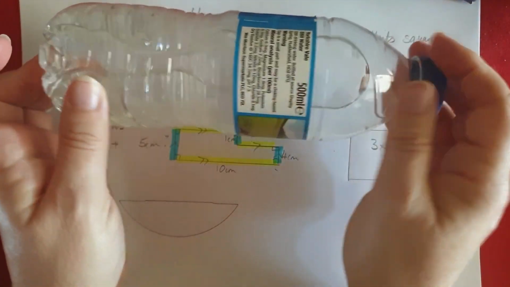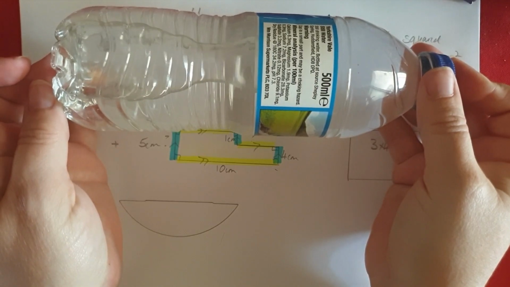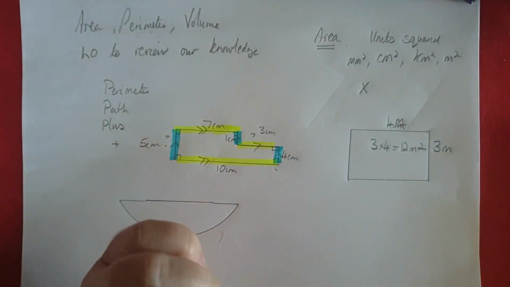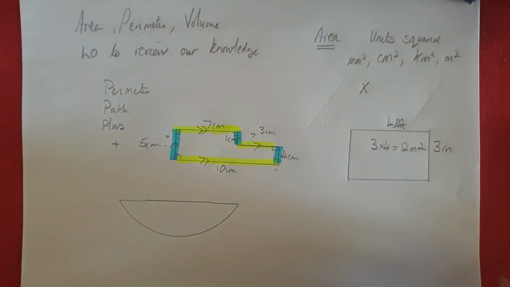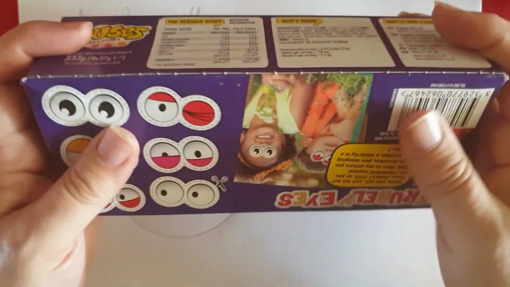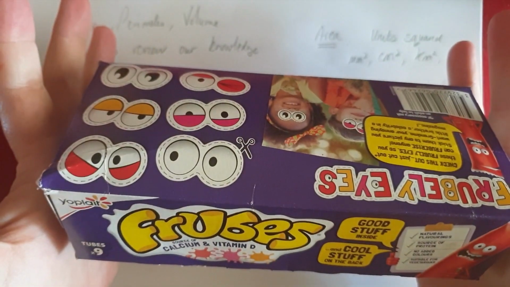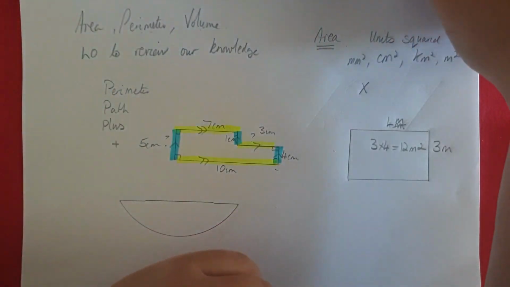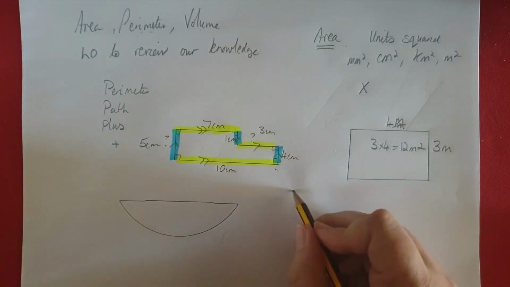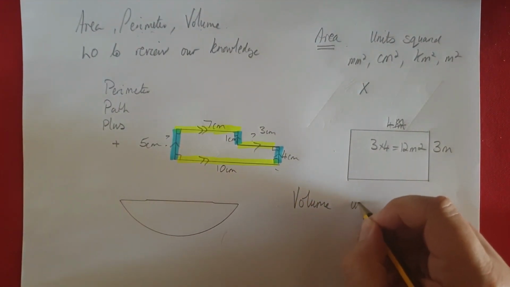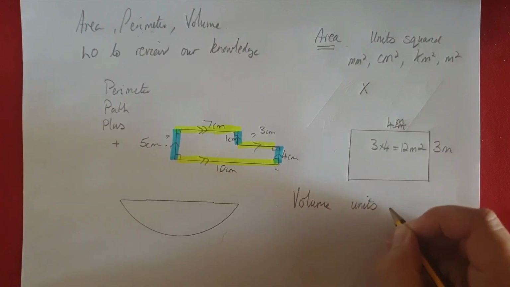Now, you don't just multiply the dimensions together with this, it is far more complex. But essentially, because it is a 3D shape and you can pick it up, you can hold it, hence me not being able to draw it, as soon as we come onto volume, the units are cubed.